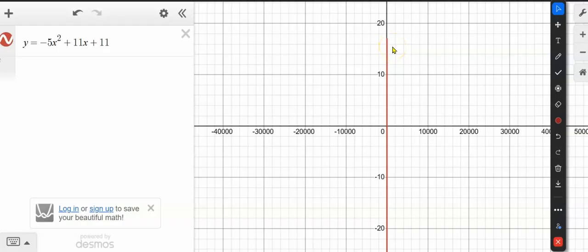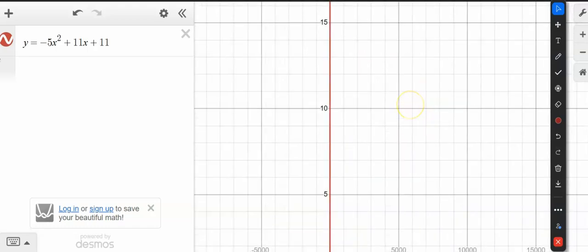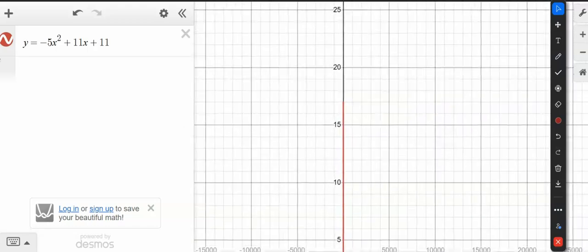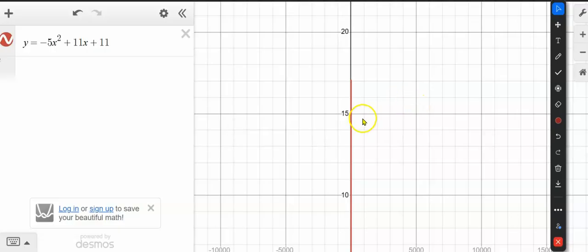Probably to about 15-ish. Looks like it goes up higher than that. You can see it goes higher than 15, right? 16, 17. 17, maybe? Yeah.